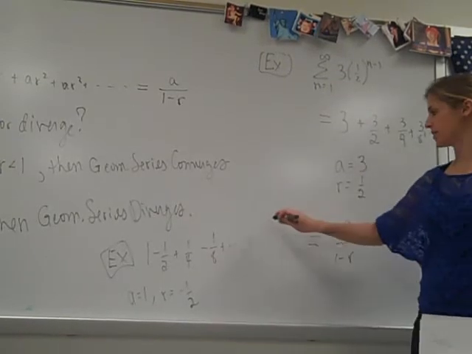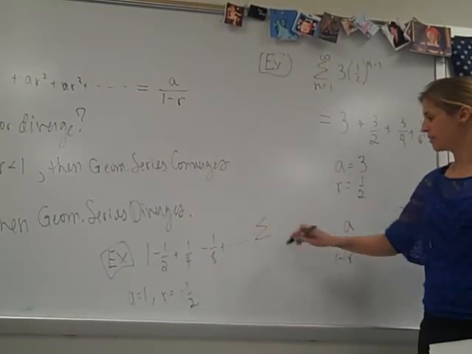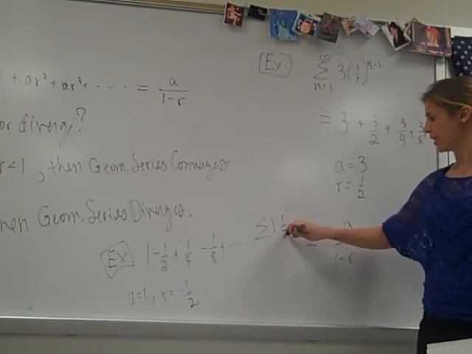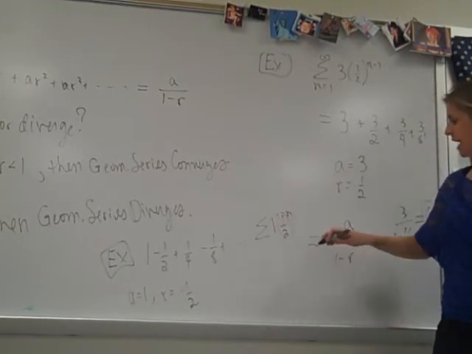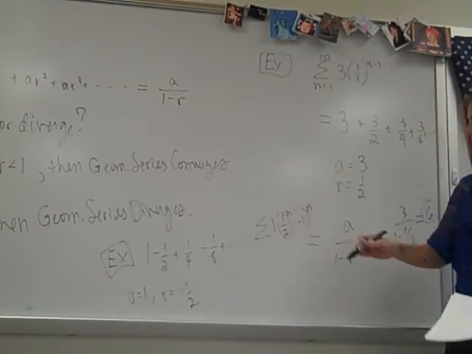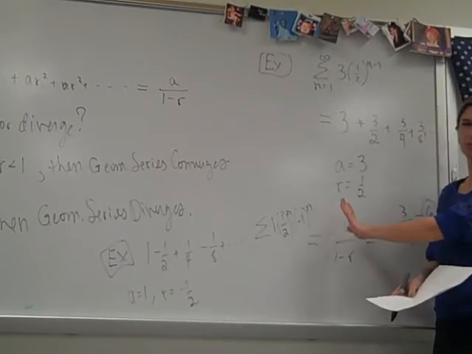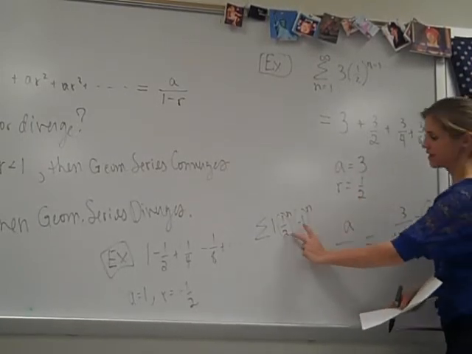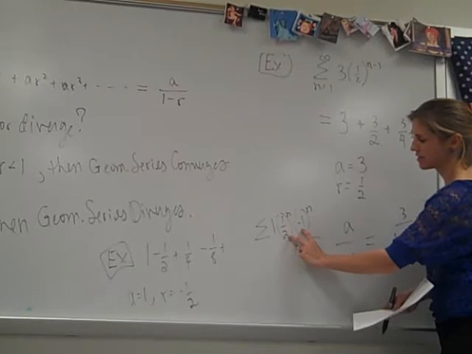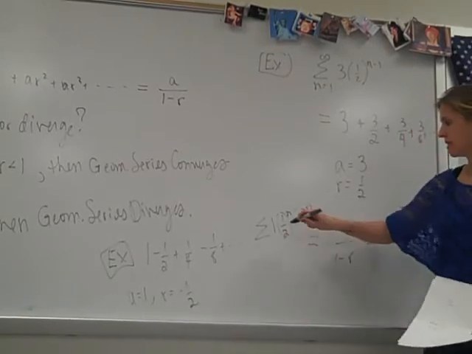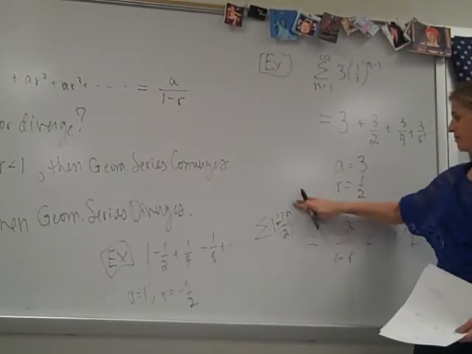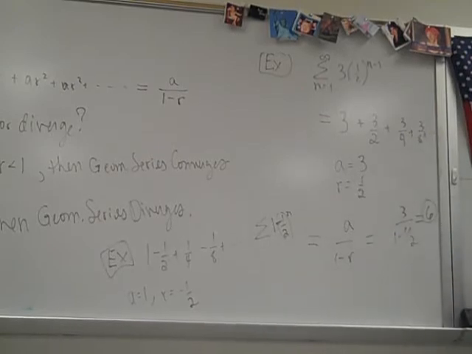If I were to write this as a series, I'd have 1 times 1/2 to the n, and then also a -1 to the n. We're not at this point yet, but if I wanted to combine these two things, I could. This could just be -1/2 to the n, which is the same thing as having an alternator.